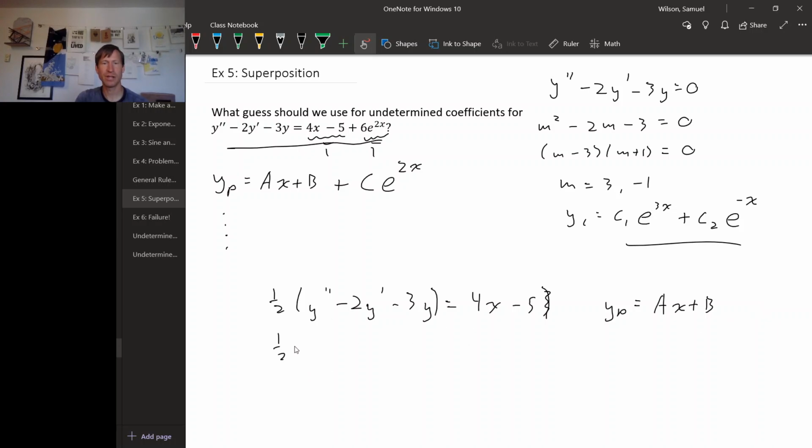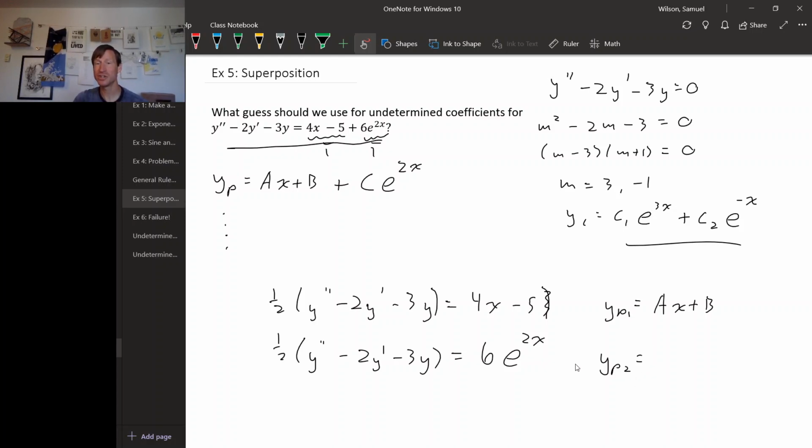For the second equation, you would get 1/2 y double prime minus 2y prime minus 3y. So the same left-hand side, but with the right-hand side being 6e to the 2x. So for this equation, you would choose, I guess I need subscripts here, maybe y sub p1 and y sub p2.